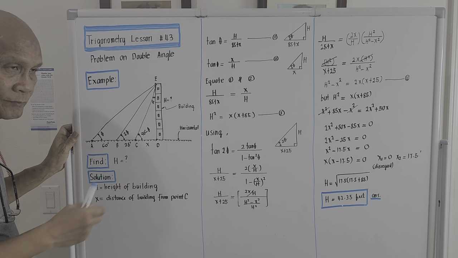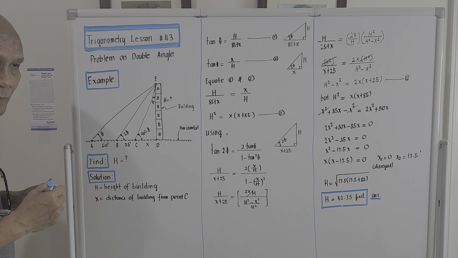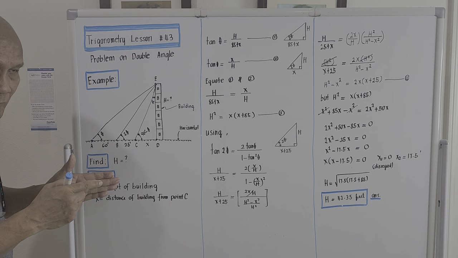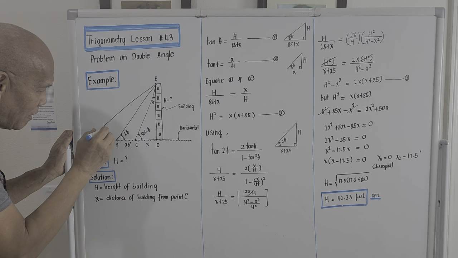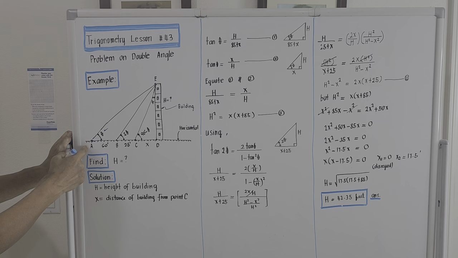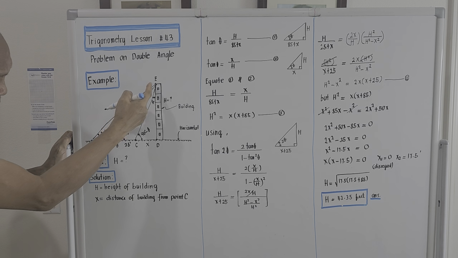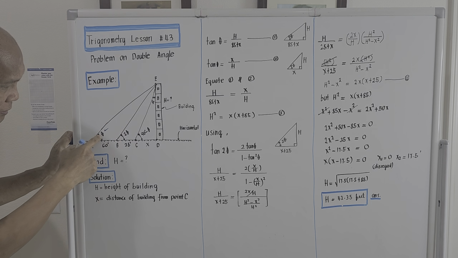He found a certain value designated by an angle theta. So at this location, if he takes the angle of elevation of point A, the topmost portion of the building, the angle is theta.